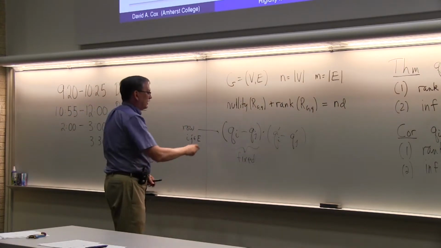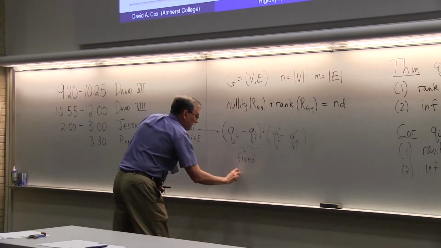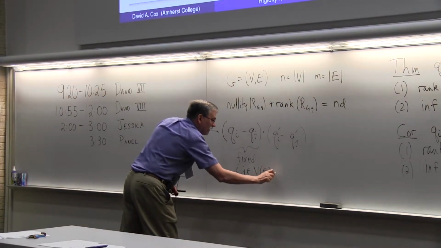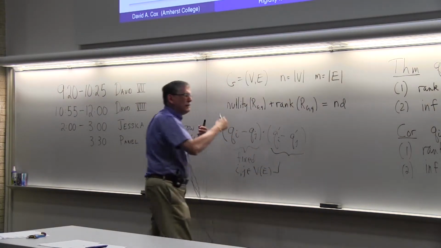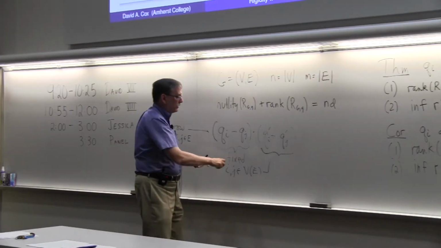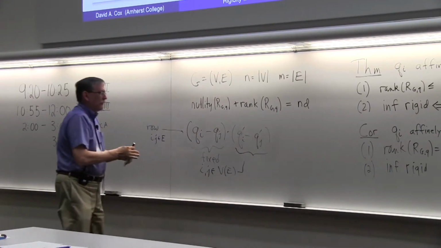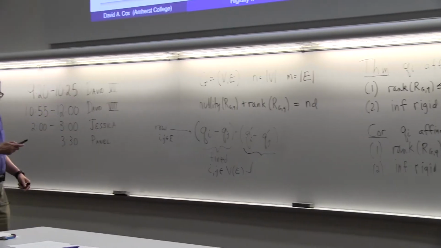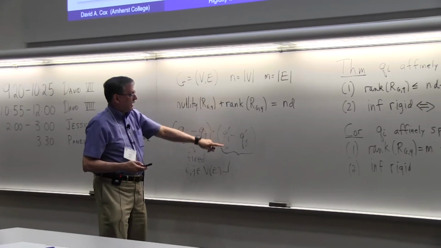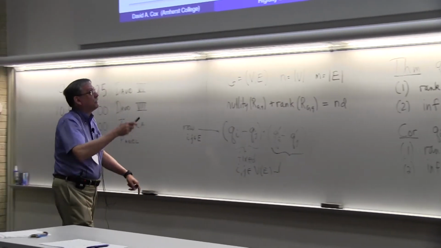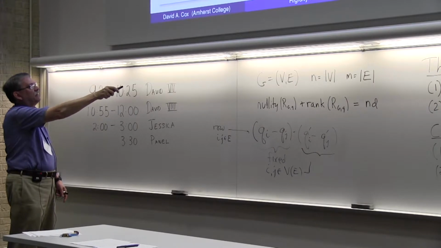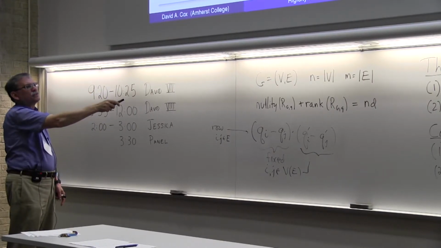Notice that the way I've set things up, i and j are in the set V of E, and so the only input variables that appear in this row correspond to V of E. If I rearrange the columns, because remember the columns are indexed by the i's and j's, to put all the V of E columns first, all the others are 0.